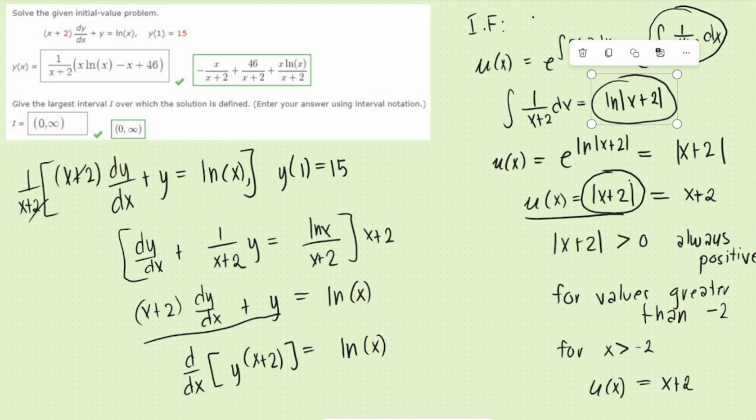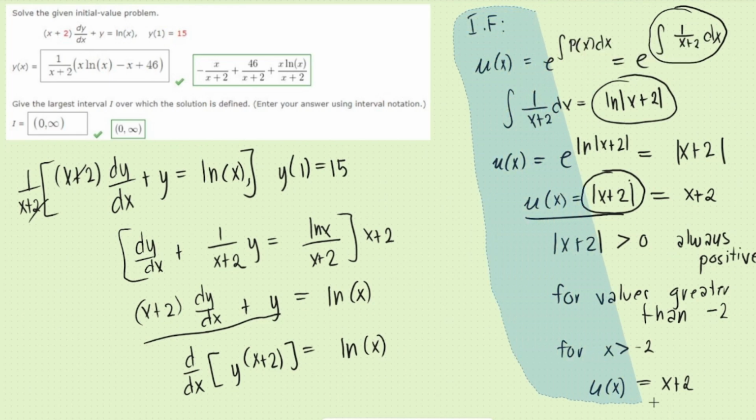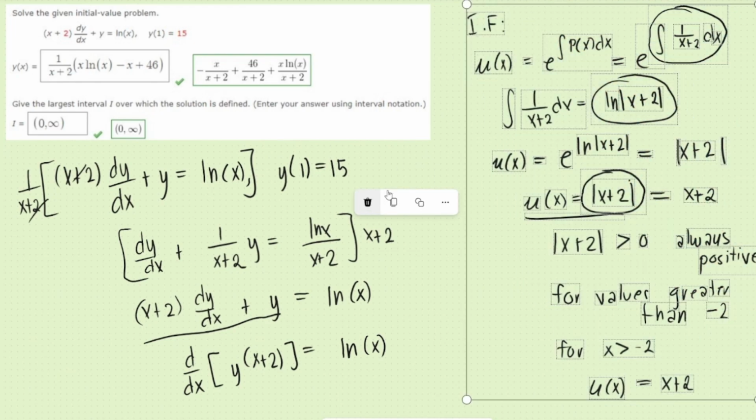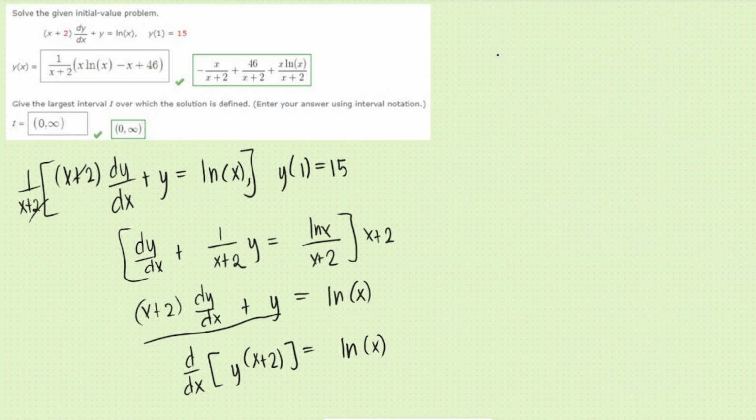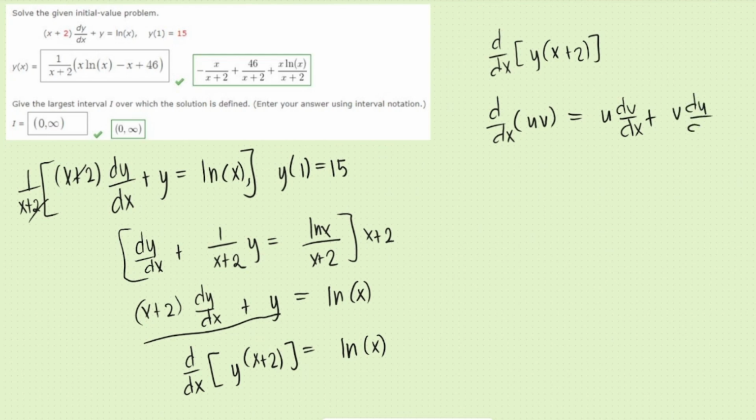So let's explain why that is. The reason is, take note that d over dx of a product uv, these two variables derived in terms of x, is u dv over dx plus v du over dx.